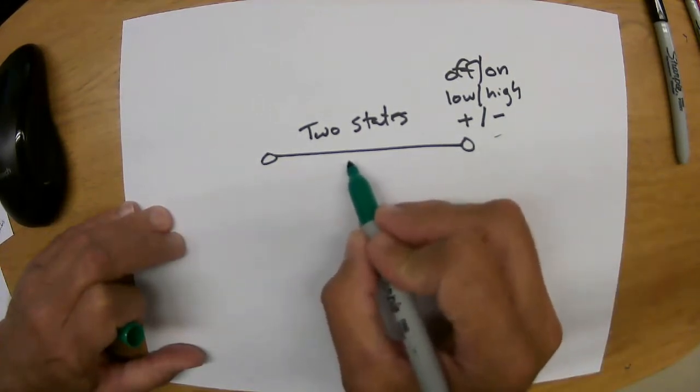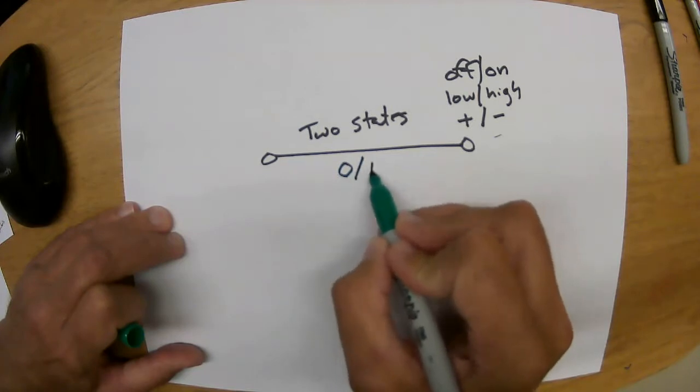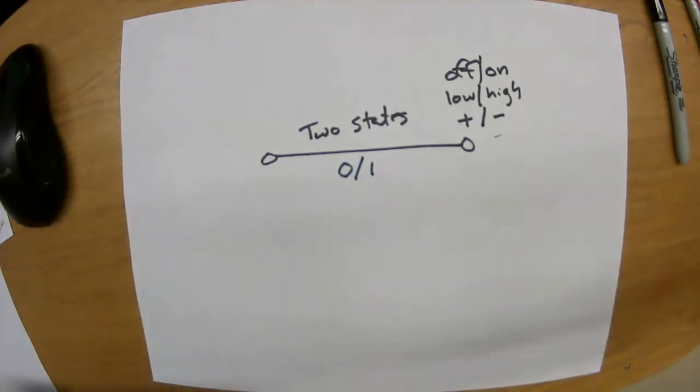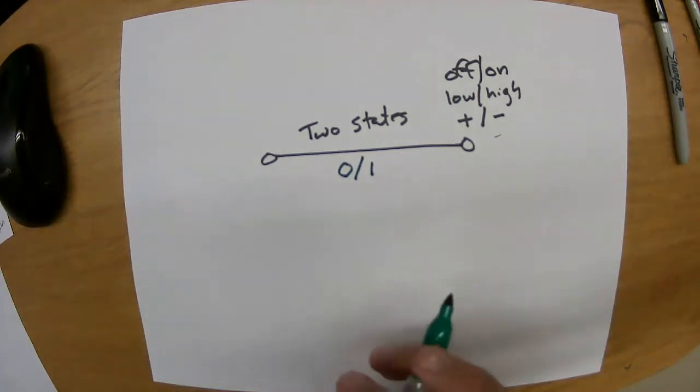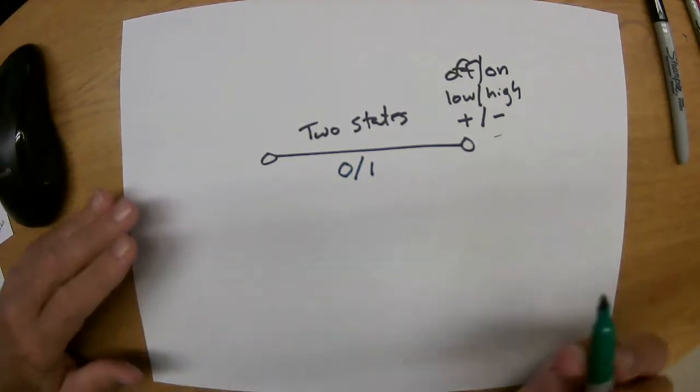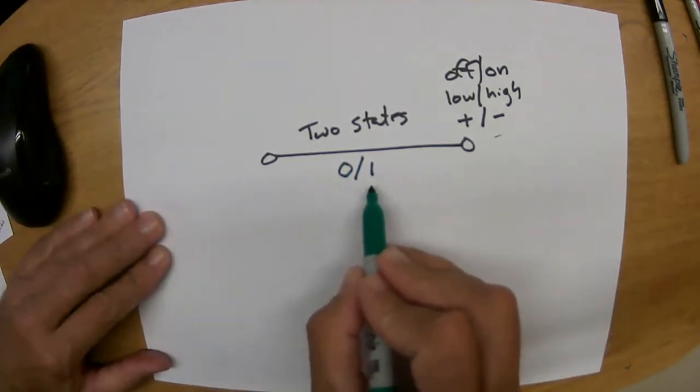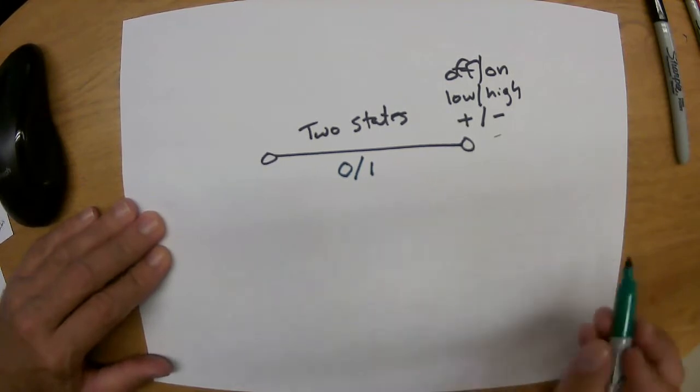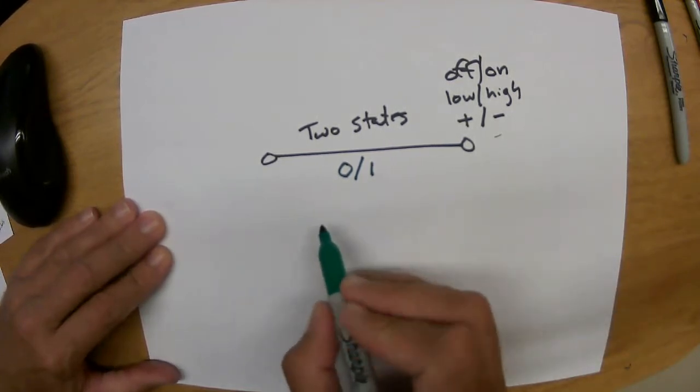But when we want to represent the two states of the wire, we talk about the states as zeros or ones. So once we start thinking about those states as zeros and ones, it becomes fairly obvious how you might send somebody a number.